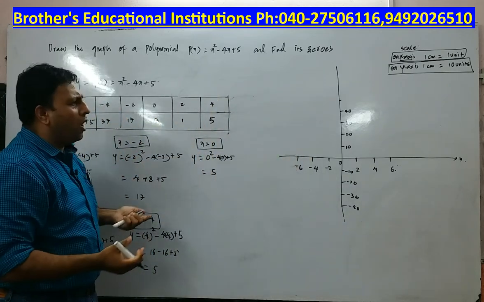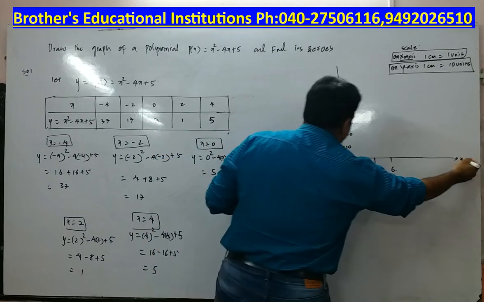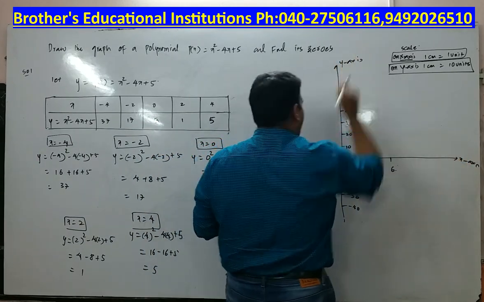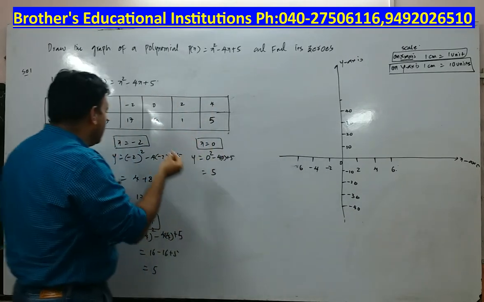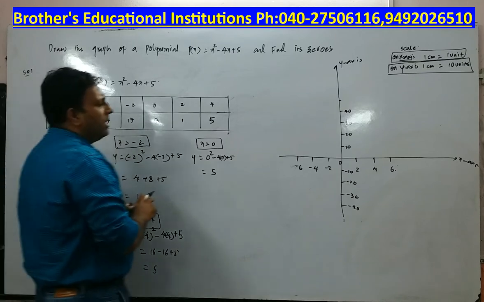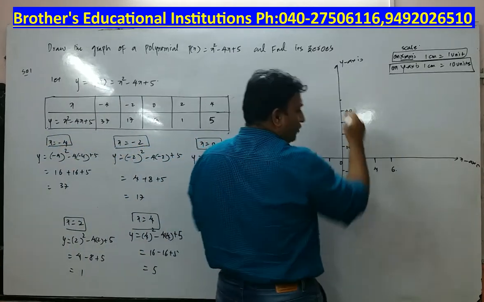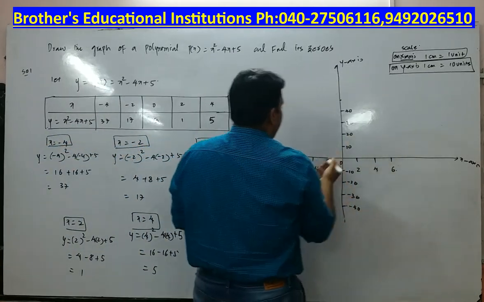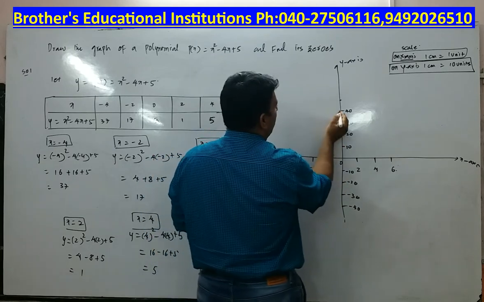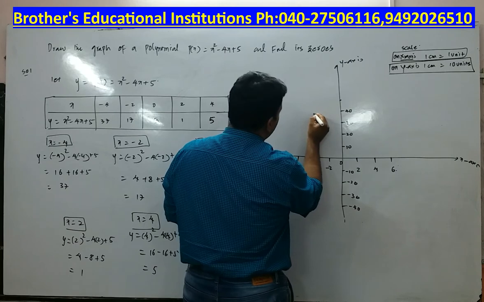Once you plot these particular coordinates, for x is equal to minus 4, the y value is 37. In the graph sheet you will get it more accurately, and here I am doing things randomly to make you understand. 37 will be just below 40.